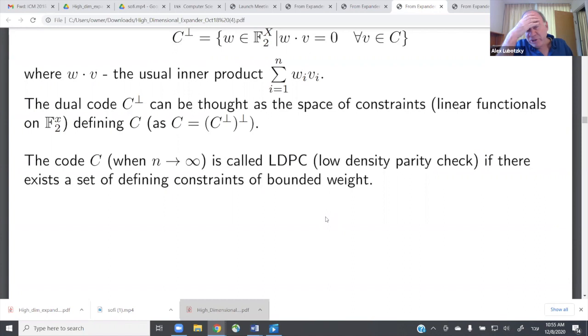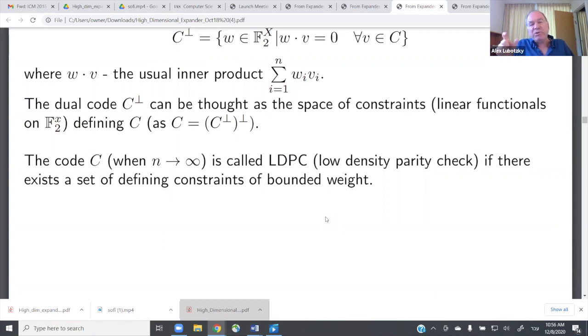Now you can imagine why this is of importance, because I am the receiver. I'm getting a very long word, and I want to check if this word is really in the code. I have to check if it passes all the equations.